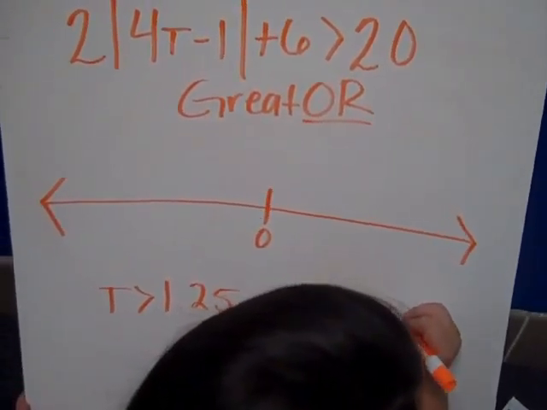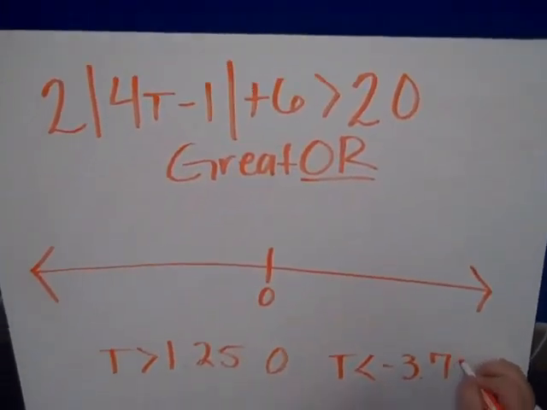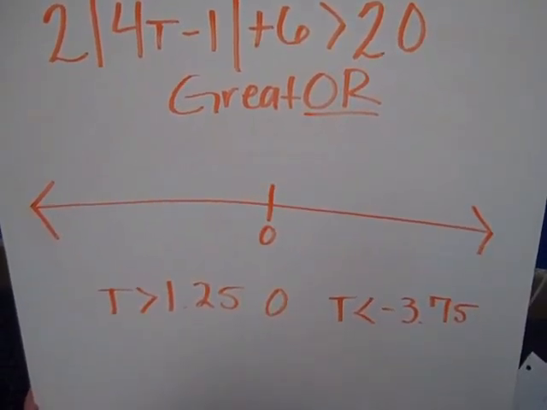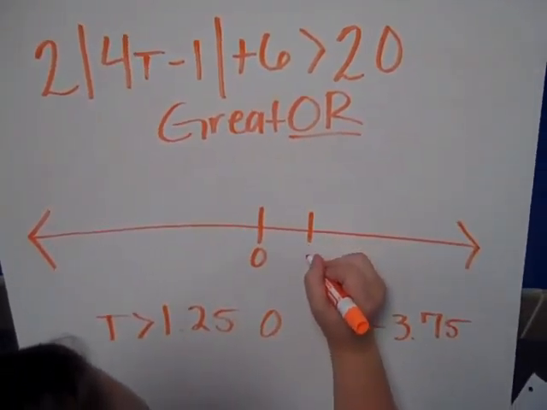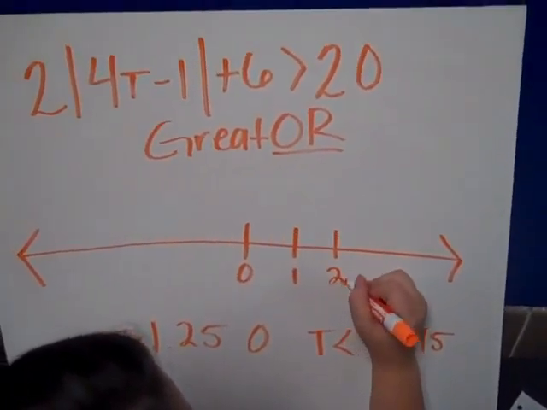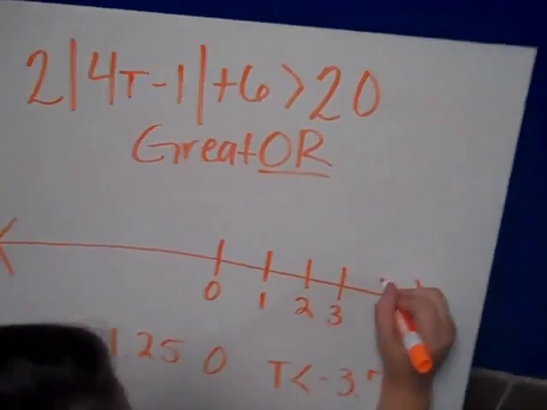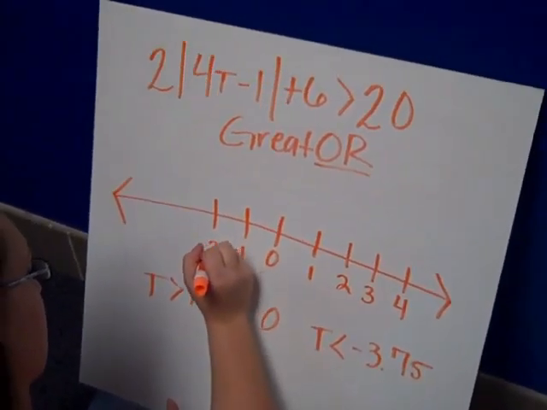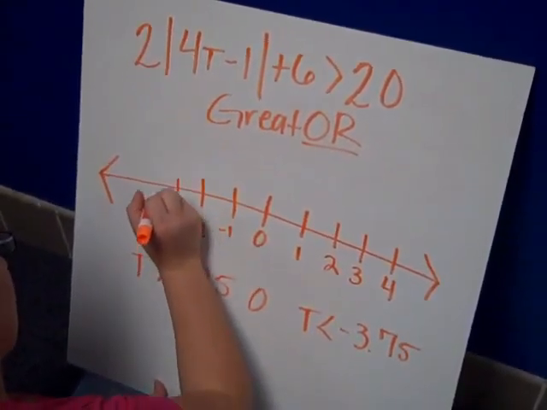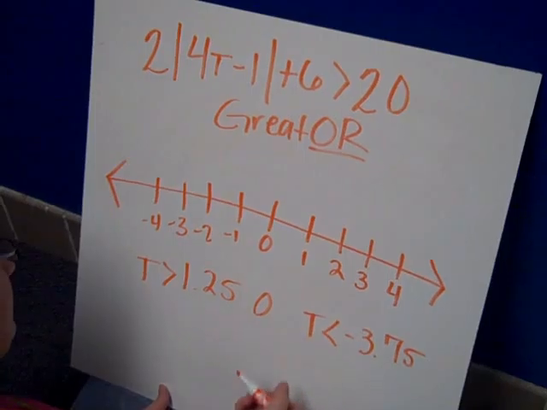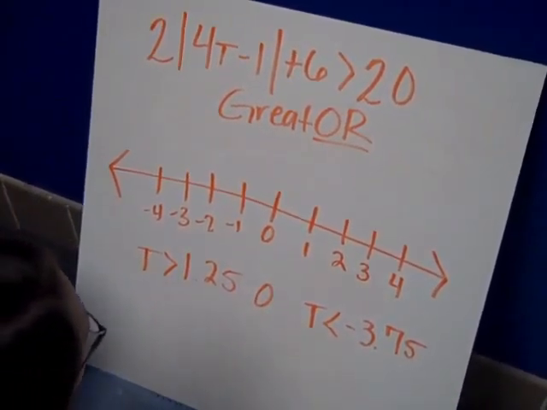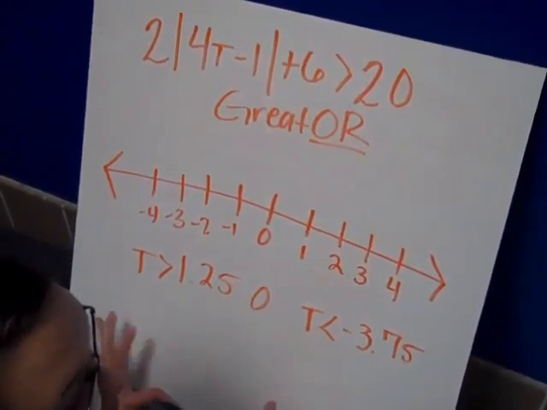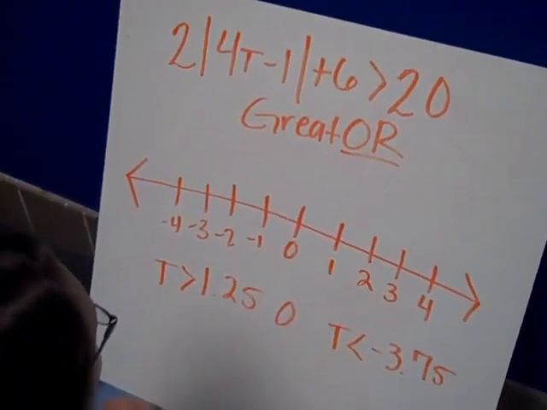Now, to be able to graph this, we need to have our number line. You need to know whether to have a closed dot or an open dot. Because this is just greater than, not greater than or equal to, you would have an open dot.